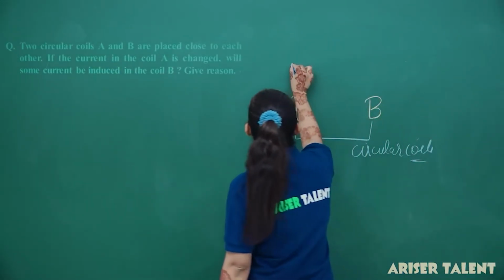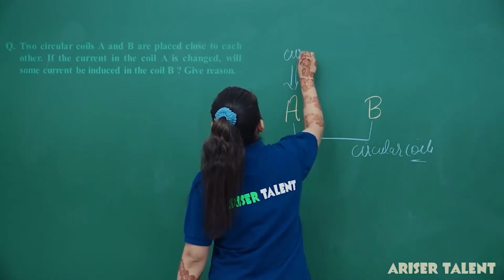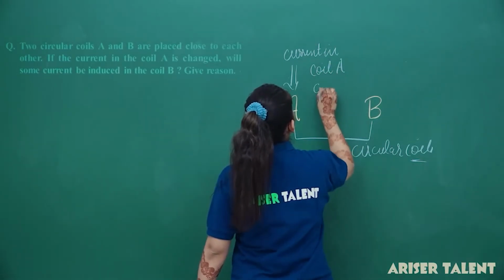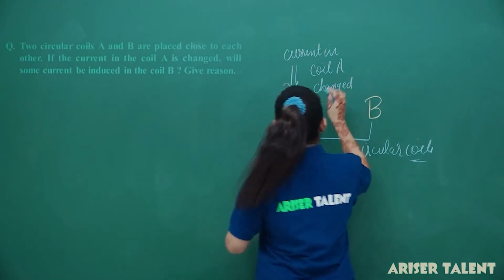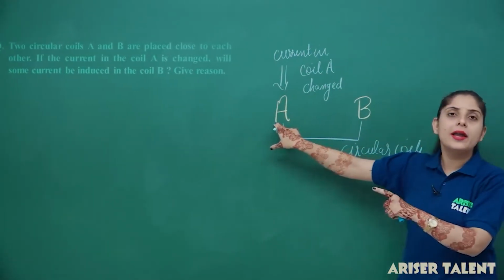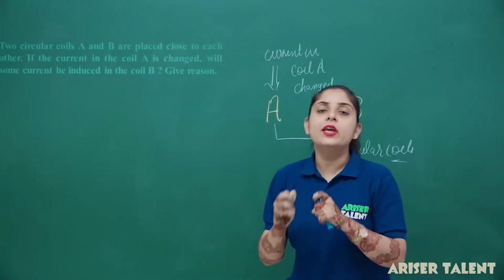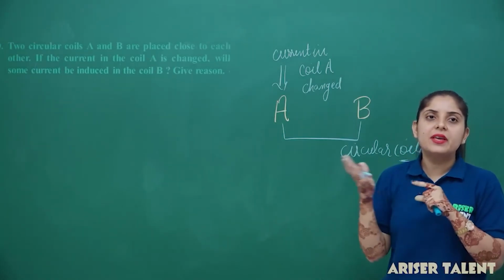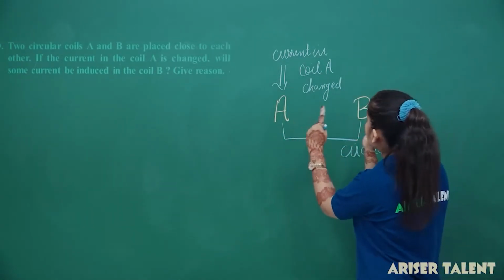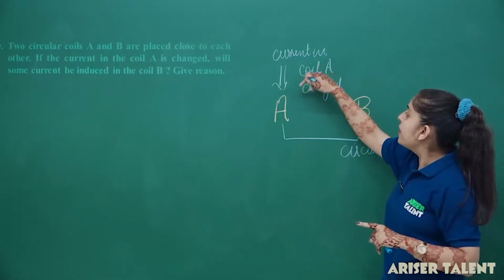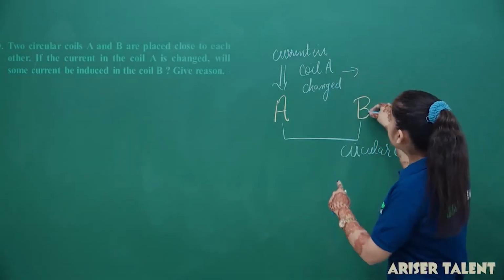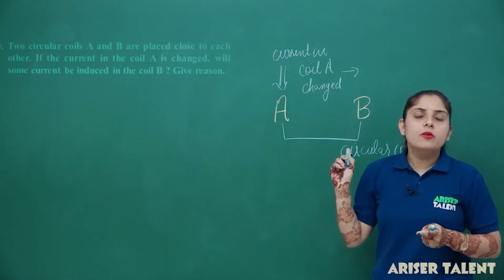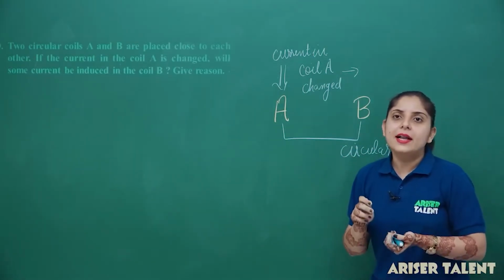If I am going to change the current in coil 1, if you are going to change the current in the first coil, then the magnetic field will definitely induce a current in the second coil. This is in accordance with the electromagnetic induction we have just discussed, because if these two coils are placed close to each other, then if there is a current change in the first coil, the magnetic field associated with the second coil will also change and there will be a current flowing in that circuit, and this is in accordance with electromagnetic induction.